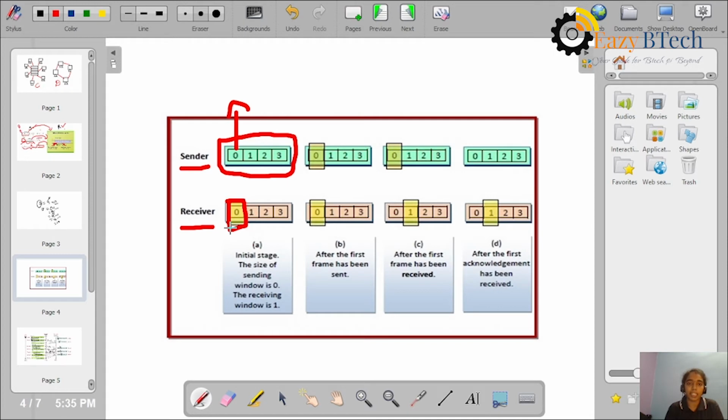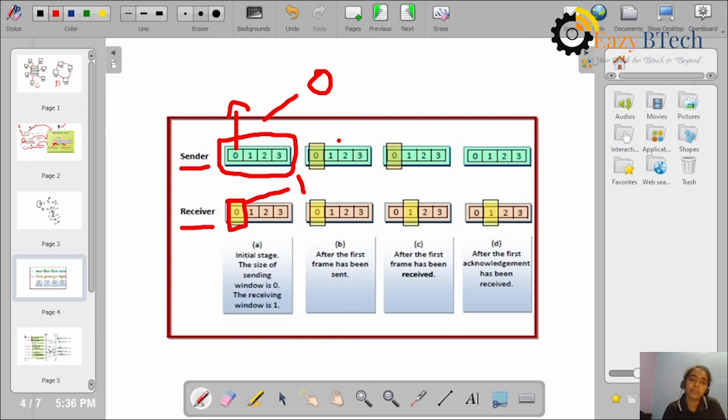He is in ready state to receive that 0 frame at that time. In the initial stage, the sending window is considered as 0 and the receiving window will be 1. Okay, he is ready to receive that particular thing.